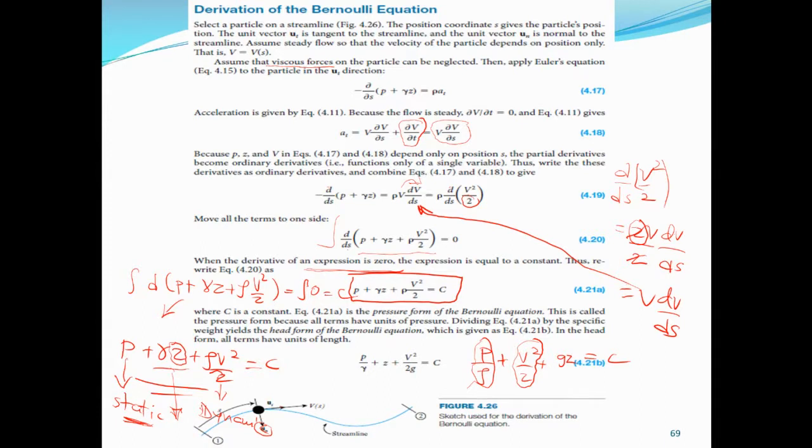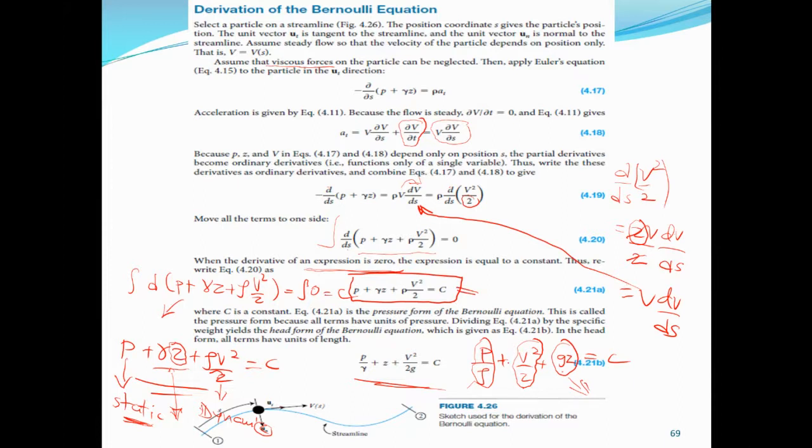The dynamic pressure corresponds to the kinetic energy, and this is the potential energy, which corresponds to the hydrostatic energy in this case. So this is the energy form of the Bernoulli equation, and this is the pressure form of the Bernoulli equation.